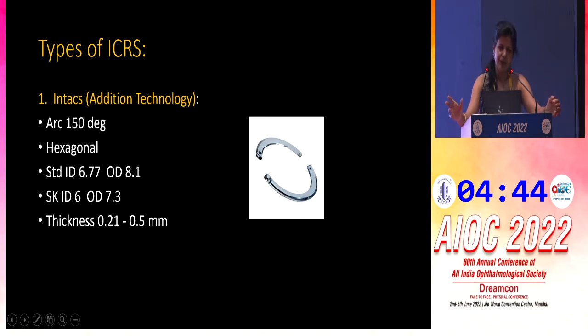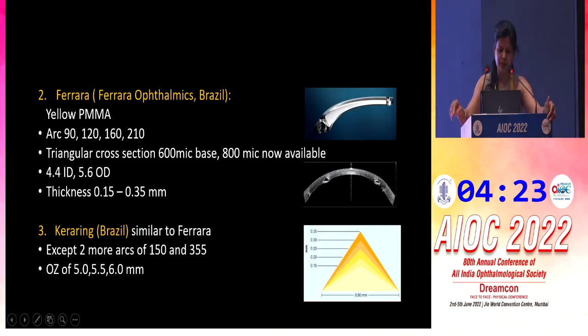It has an arc of approximately 150 degrees. It's hexagonal in cross-section. It has an internal diameter of 6.77, which in a steep ring turns to 6, and an external diameter of 8.1, which for a steep cornea can be reduced to 7.3 as it brings about greater correction. Thickness varies between 0.21 to 0.5 millimeters.